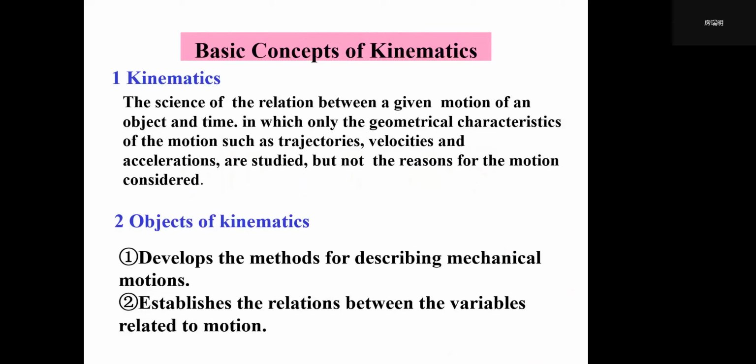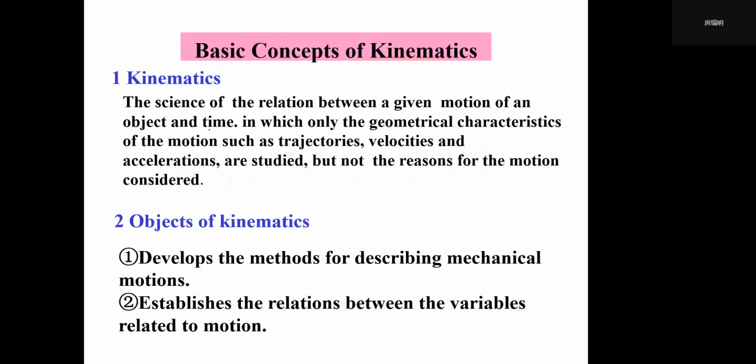So what is kinematics? It is the science of the relation between a given motion of an object and time.